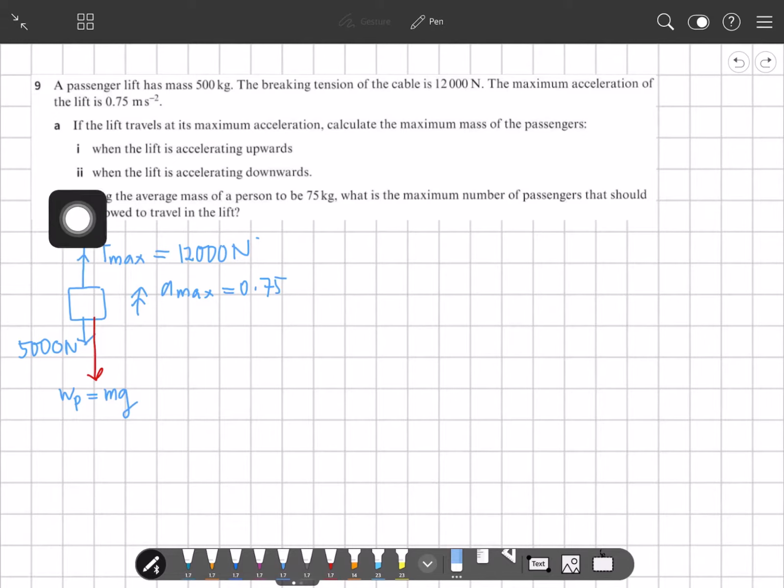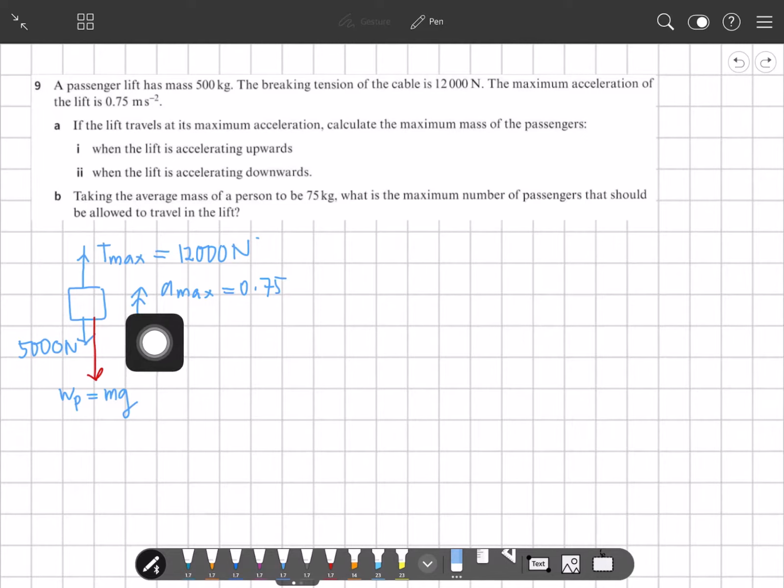First, we have the upward force as a tension, and given in the question, the maximum tension we have is 12,000 Newton. And then the downward forces are the weight of the lift itself, which is 5,000 Newton, and the weight of the passengers, which we denote as WP, which is equal to m times g.